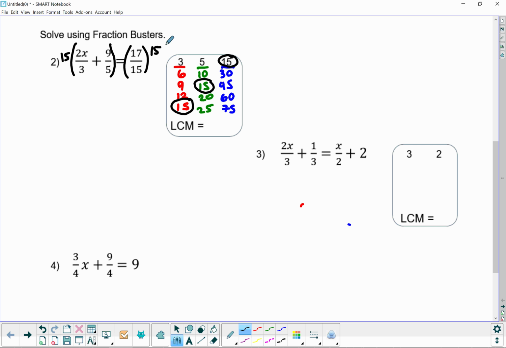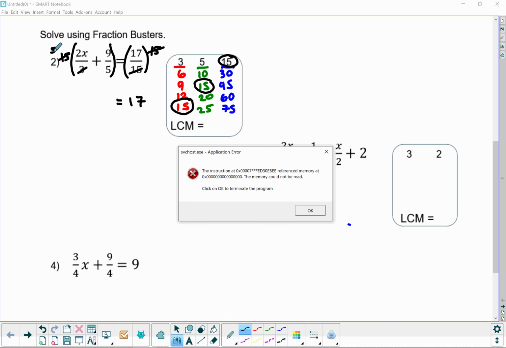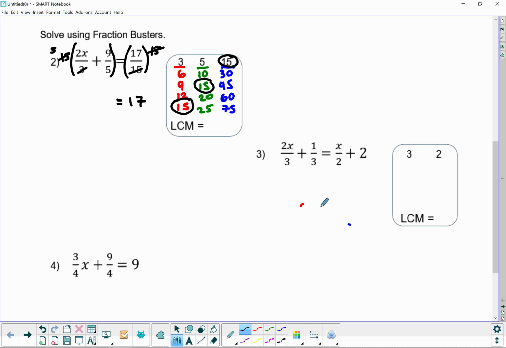On the right side, these cancel out and leave me with 17. On the left side, the 15 cancels with 3, leaves you a 5, and that's going to give you 5 times 2x, which is 10x.